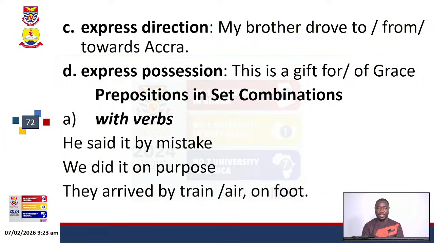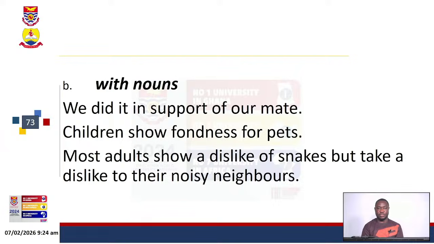We are combining these verbs with the prepositions: doing, saying, and then they arrive by train, arriving by train. They arrive by train or by air or on foot. Here, what we are doing is that we have set the prepositions in combinations with verbs.